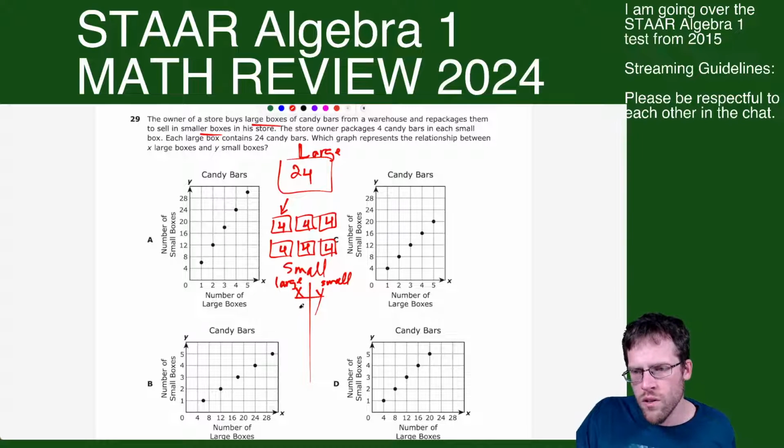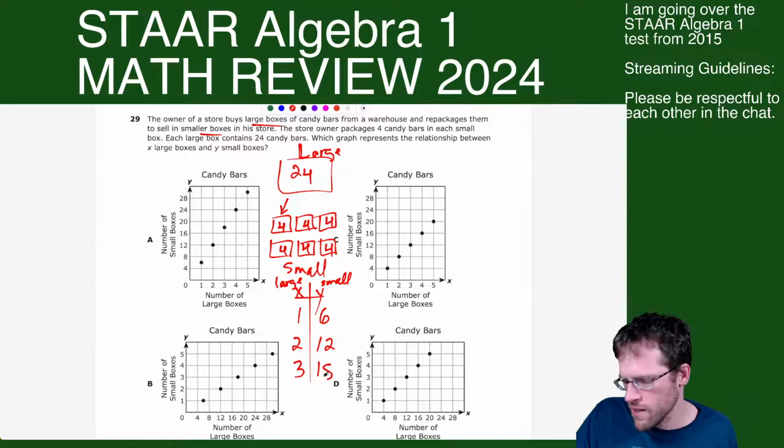So if you get one large box of candy bars, that's going to fill up 6 small boxes, because 24 divided by 4 in each small box is 6. So that means two large boxes would give you another 6, so that would put you to 12. And then 3 would put you to 18, and so on like this.